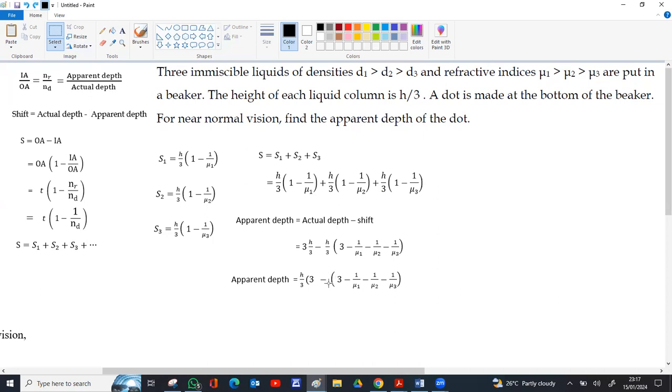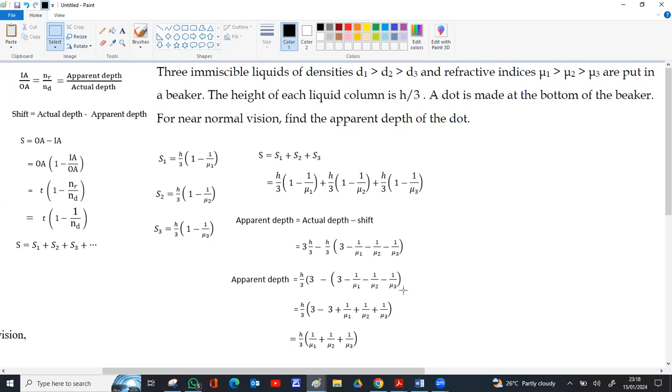Now you open this bracket. Minus of 3 will be minus 3, and the minus sign makes 1 by mu1, 1 by mu2, 1 by mu3 positive. So 3 minus 3 gets cancelled. So h by 3 common out, 3 minus 3 goes, then 1 by mu1 plus 1 by mu2 plus 1 by mu3. Let's see the final answer.